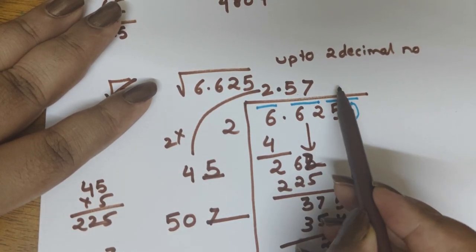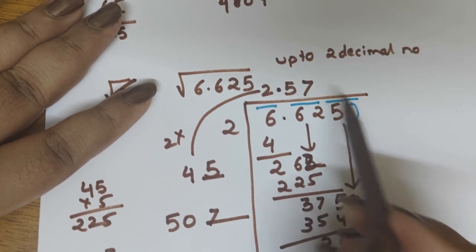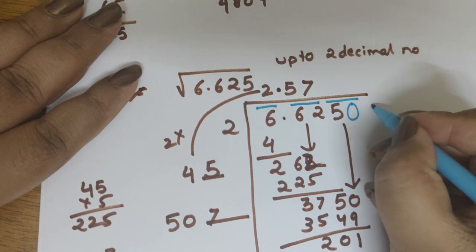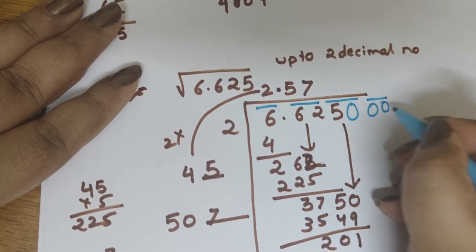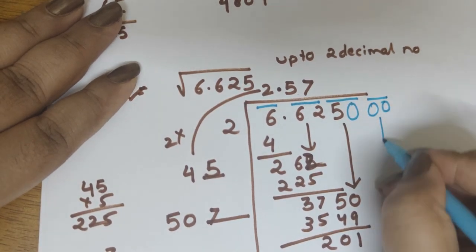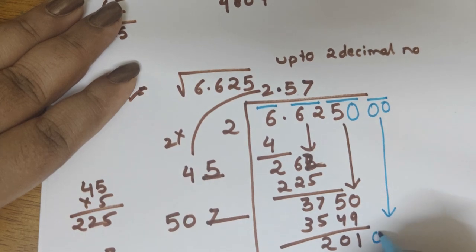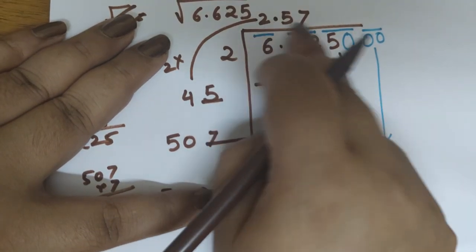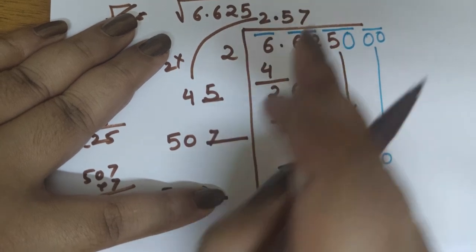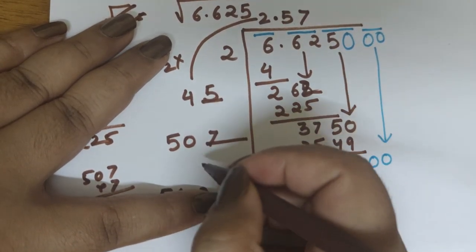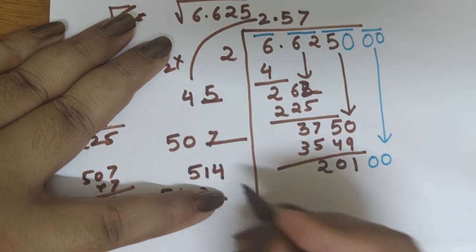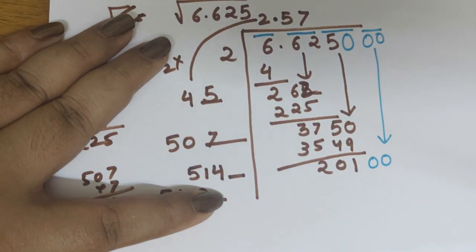Okay, we want one more so that we know how to round this off. So what we are going to do is we will add one more pair of 0 here. We will add the pair and bring that pair down. Okay, now we will bring this whole number multiplied by 2 and bring it down. So it will be 514 and a space will be remaining.